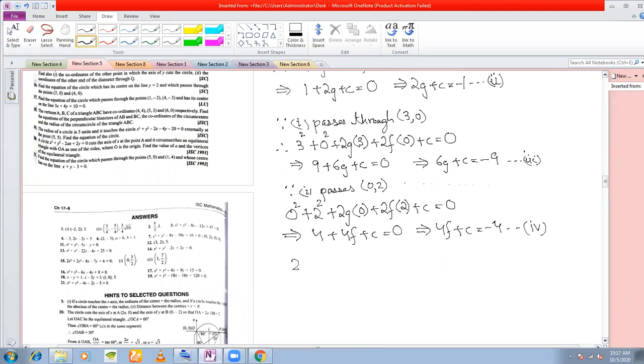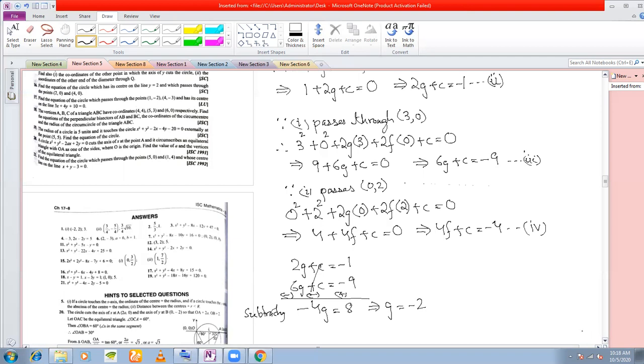So 2g plus c is equal to minus 1 and 6g plus c is equal to minus 9. Subtracting, this cancels off. So you get minus 4g is equal to 9 minus 1, 8. That means g is equal to minus 2.